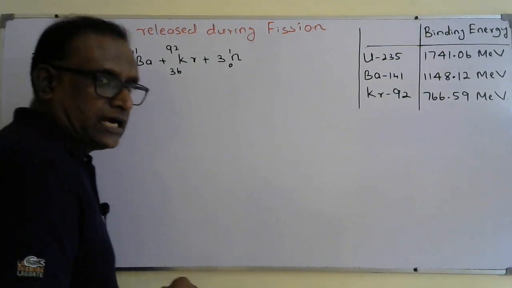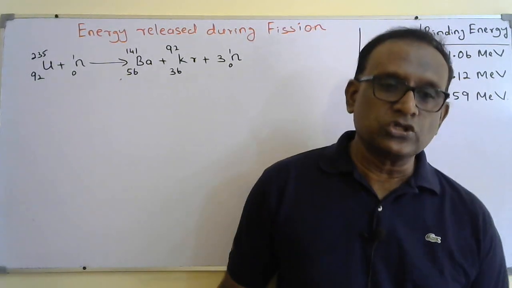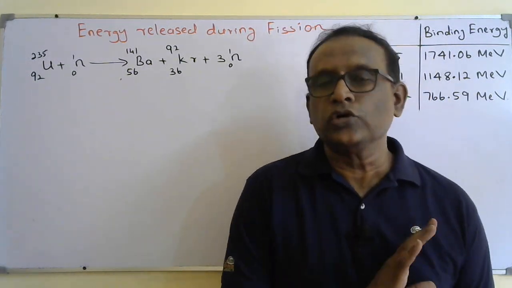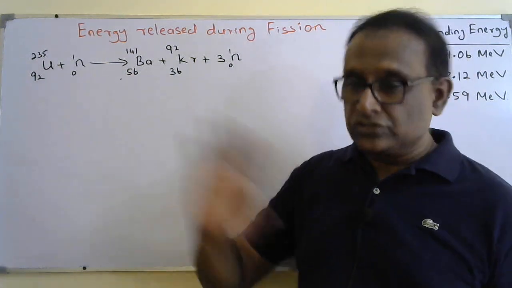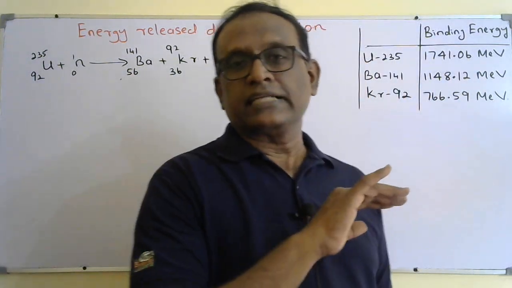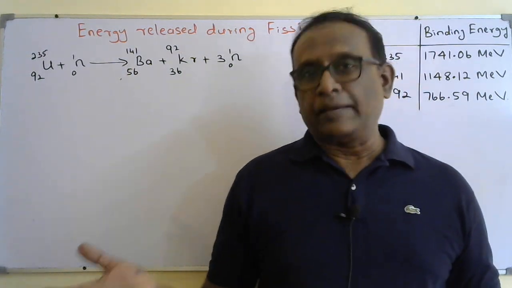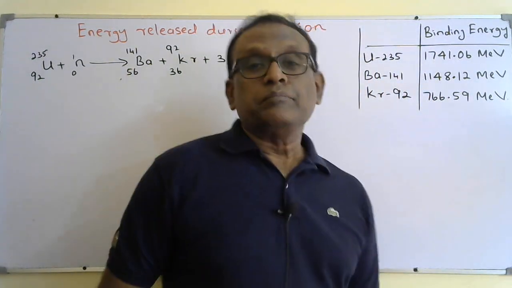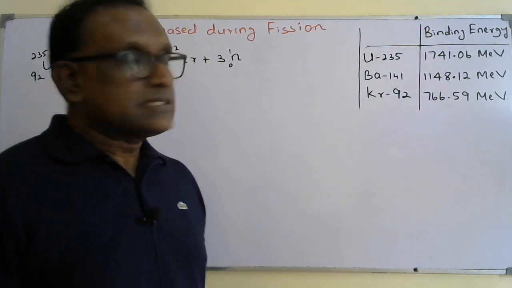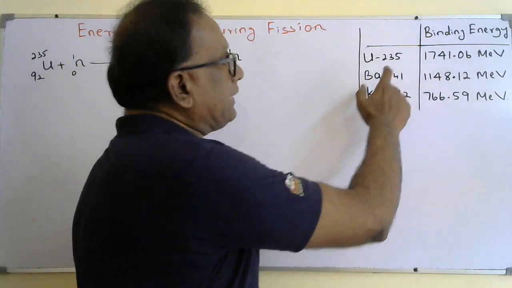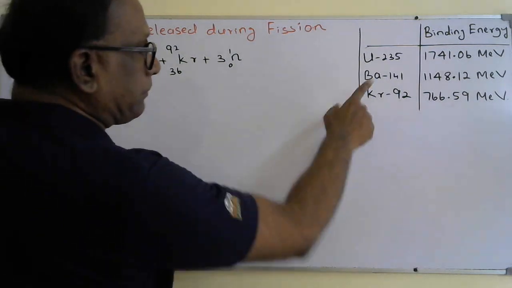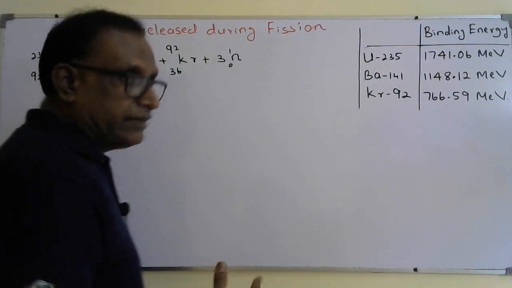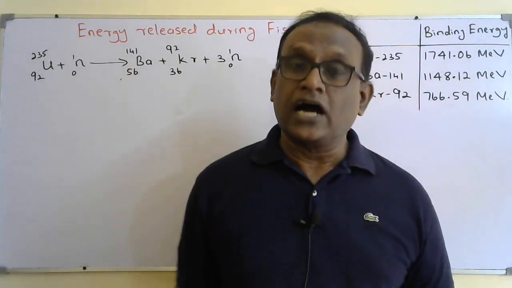Okay, so the second method: how to calculate the energy release during fission reaction. We know we don't need to consider the kinetic energy of the thermal neutron. The first method I showed was the mass deficit approach. The second method is binding energy. Sometimes the question paper might give the binding energy of uranium-235, barium-141 and krypton-92, or they might ask you to calculate it.